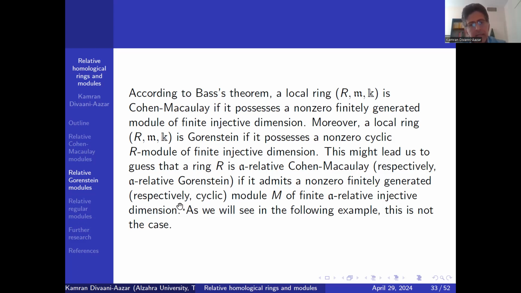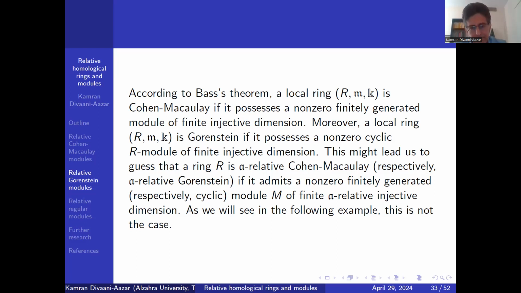And there is a characterization of Gorenstein local rings: a local ring R is Gorenstein if and only if R admits a non-zero cyclic module with finite injective dimension.